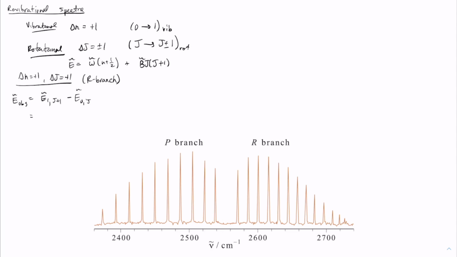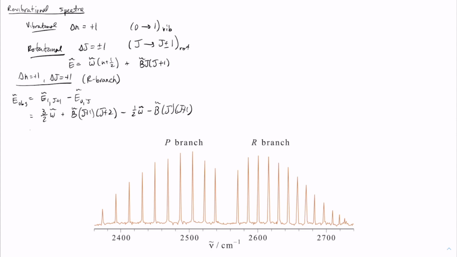Okay, so we plug this in, and what we get is 3 over 2 omega tilde plus B tilde times j plus 1 times j plus 2, and then this whole thing minus 1/2 omega tilde, still minus B tilde times j times j plus 1.